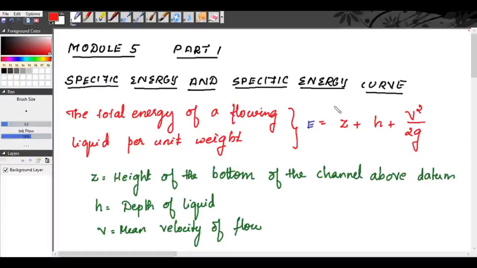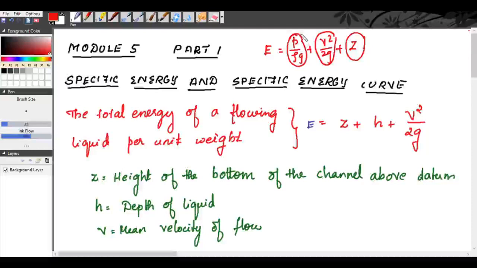So what do you mean by specific energy? We know the energy when water is flowing through a channel or a pipe will be equal to P by rho G plus V square by 2G plus Z, where P by rho G is the potential energy head, V square by 2G is the kinetic energy head, and Z is the datum head.